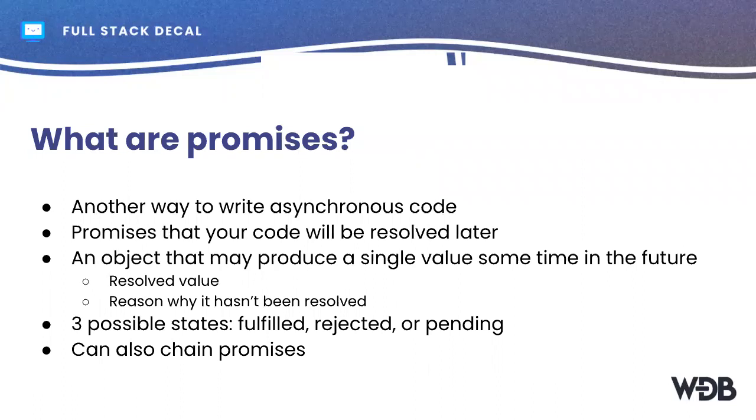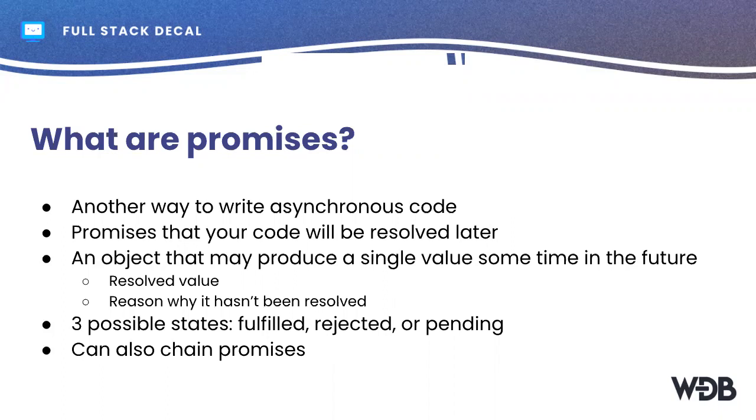So what exactly are promises? They're just another way to write asynchronous code. Promises, basically the promise that your code will be resolved later, hence the name. And so they are basically an object in JavaScript that may produce a single value sometime in the future. And this is just based on the uncertain nature of asynchronous code.